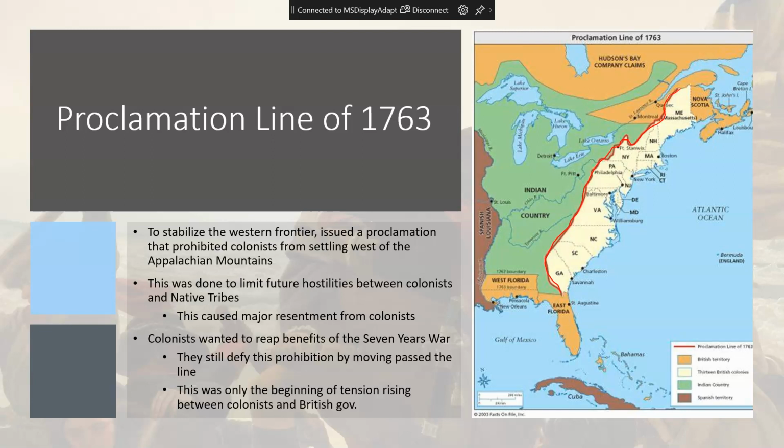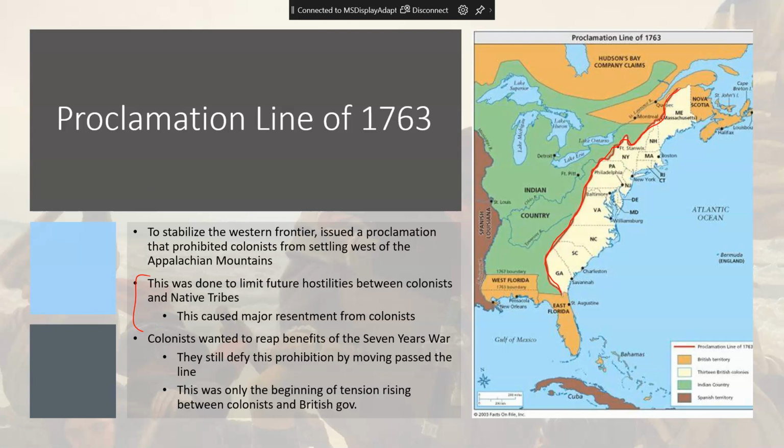All right? This causes a lot of problems with the colonists because they wanted to migrate into new territory that they felt they deserved after winning the war. So that's the most important thing. It causes resentment between the colonists and the British.